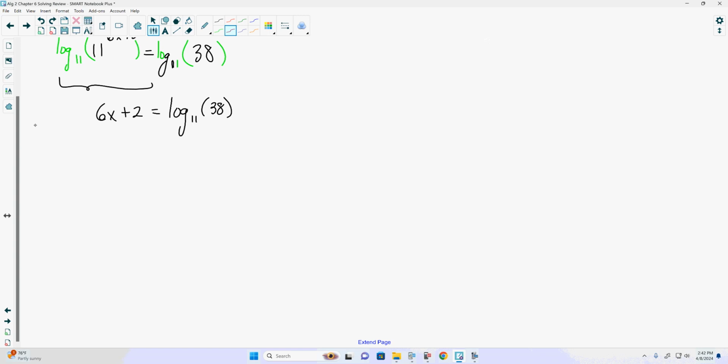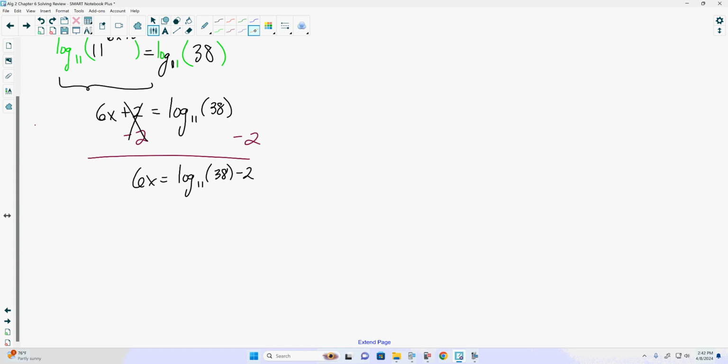Now that we have the variable out of the exponent, we do need to solve for x, because here x is not by itself. So the next thing we need to do is what? Subtract 2 from both sides, because our 2 minus 2 would be 0, leaving us with 6x is equal to log base 11 of 38 minus 2.